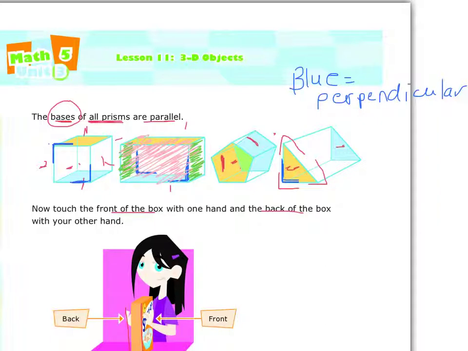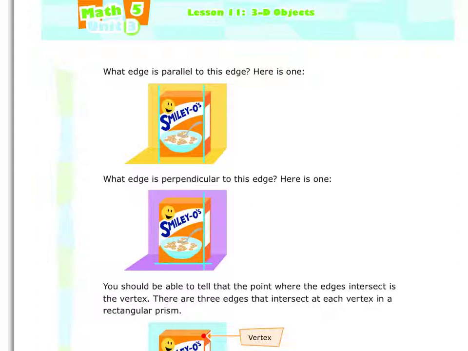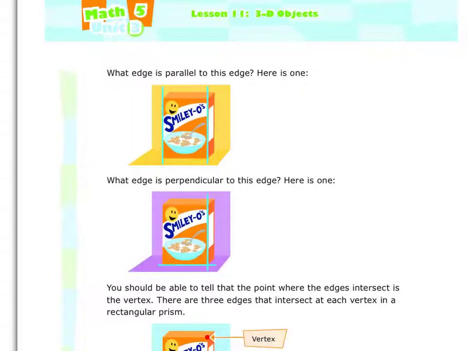The other thing we can talk about, so far we've talked about faces, now we're going to talk about edges. An edge is parallel to another edge, so that's the line where those two meet. So here you can see this edge is parallel to this edge. We could also say that this side edge is perpendicular to this edge.